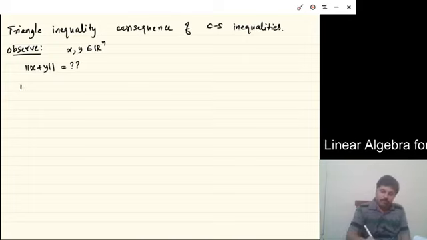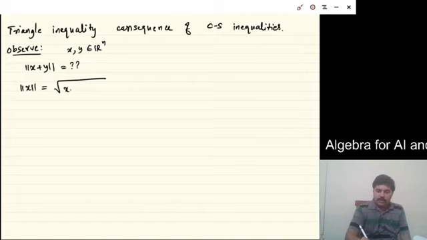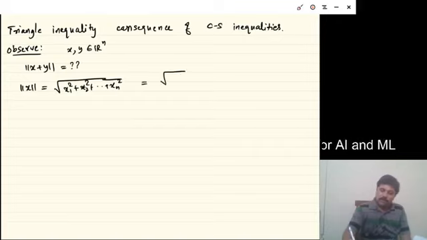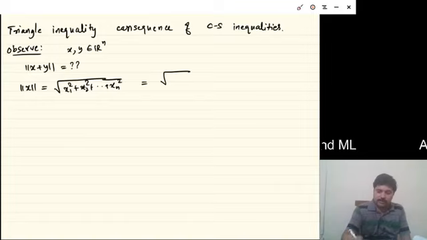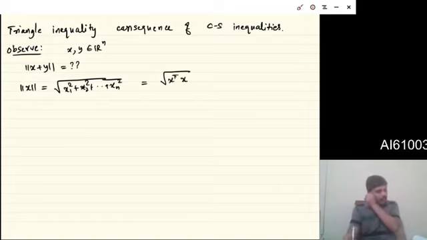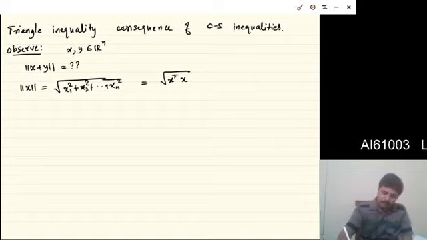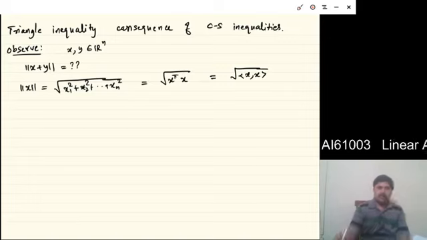Basically, the norm of x by definition is the square root of x1 square plus x2 square and so on up to xn square, which is nothing but the square root of x transpose x. Sometimes I write this as the inner product of x with itself as well.